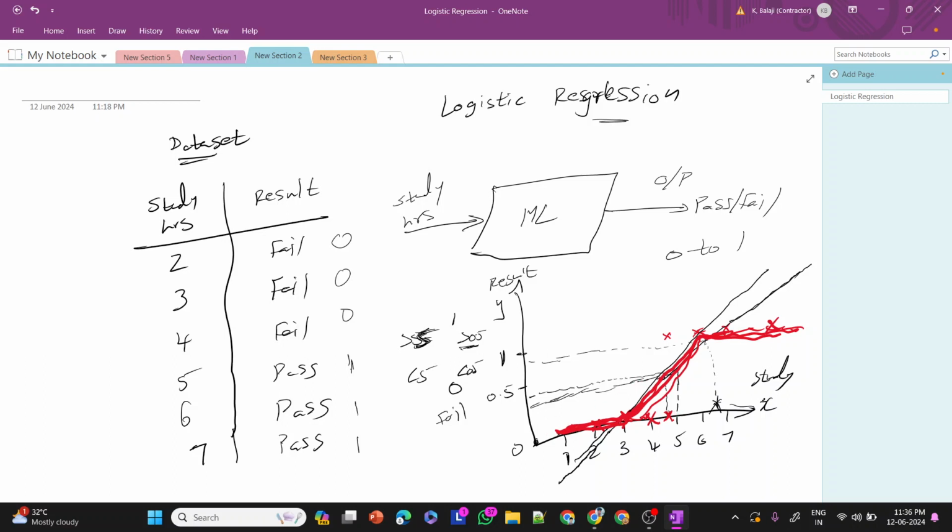When the input is more than 5 hours, our output will be 1, because by applying the sigmoid function we squash the line between 0 and 1. By doing this, we can classify whether the student passes or not.